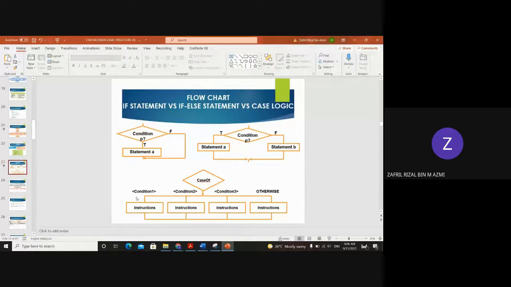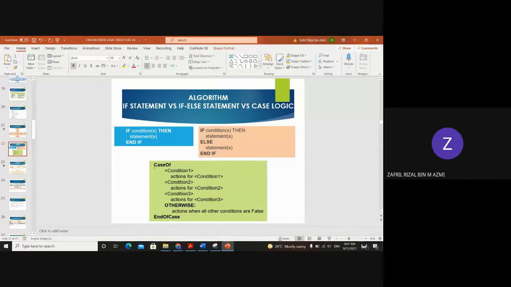So this is what we already covered last week. This is the algorithm. Actually it is very similar to the if-else condition. The difference is only how we write it down. Otherwise is similar to else.